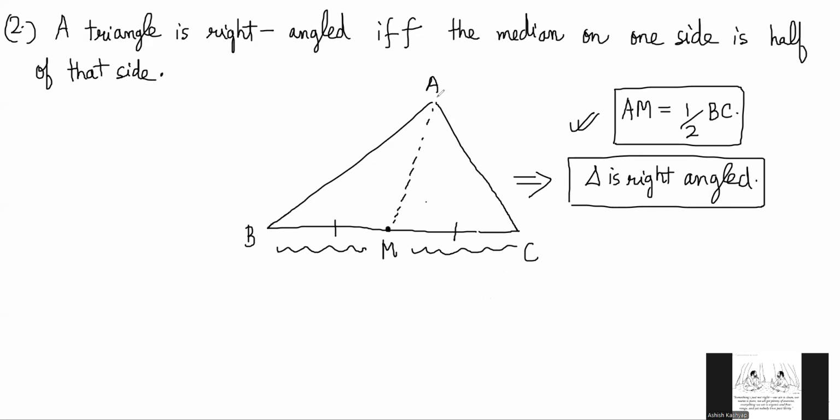What we have been given is that AM is equal to half of BC. So actually, this is also equal to this is also equal to this, right? Is everyone understanding that? Two isosceles triangles. Yes, they are isosceles, but I don't know if that helps us prove it. Maybe it does. You should try it out.